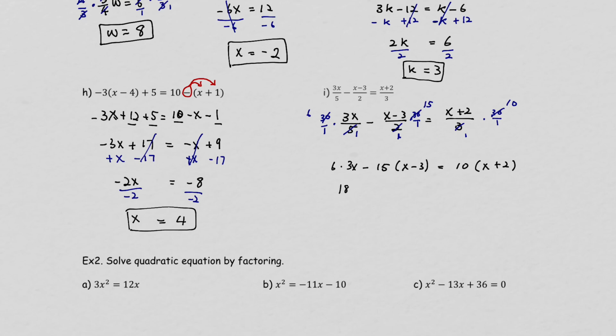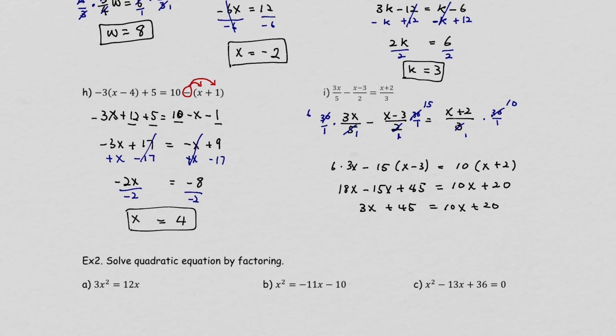So that will be 18x minus 15x plus 45, because negative 15 times negative 3. Then this becomes 10x plus 20. Combine the like terms, you get 3x plus 45 equals 10x plus 20.